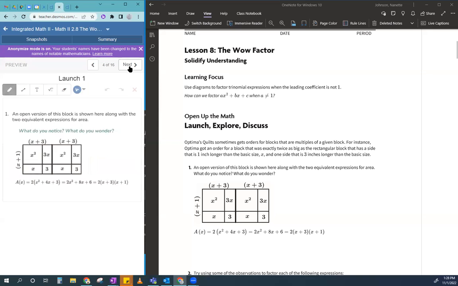Okay. So then an open version of the block is shown here with the equivalent expressions. What do you notice and what do you wonder? Okay. So there's some information here. So what do you guys notice about this right here? You've already had a chance to look at this, but anything that you notice in particular?